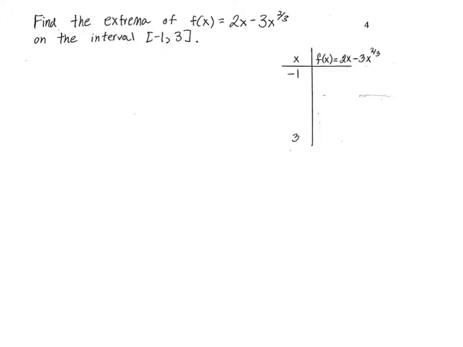So I am going to take the derivative. f prime of x will equal 2 minus 2x to the -1/3, which is, if I factor out a 2, 2 times 1 minus 1 over x to the 1/3.